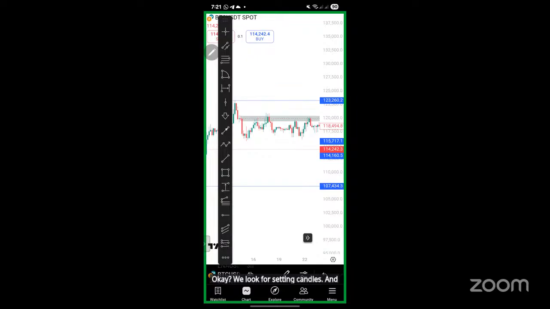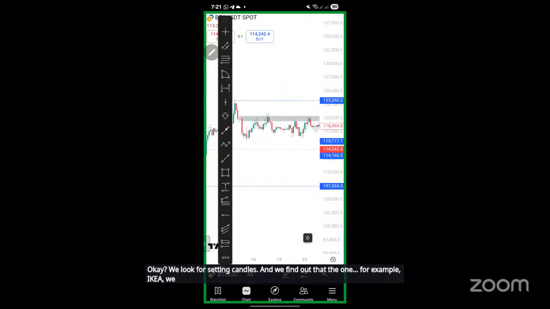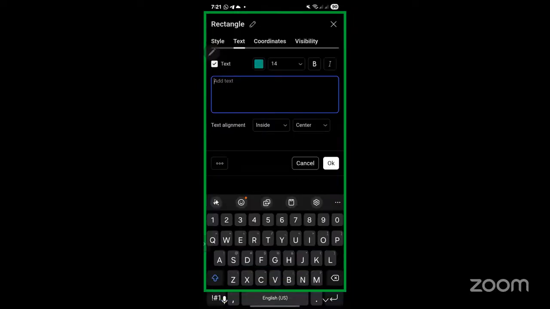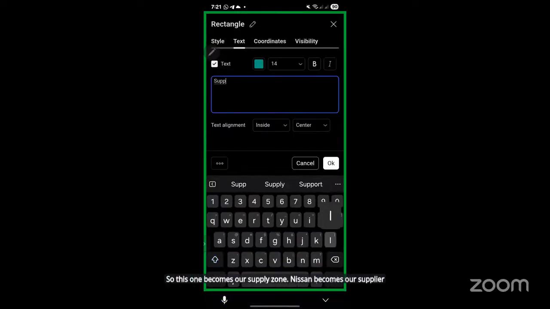And we find, for example, like here, we have drawn this supply zone. This is a small candle, and the next candle is a bigger volume candle. So you use this small candle and you draw something like this. So this one becomes our supply zone.